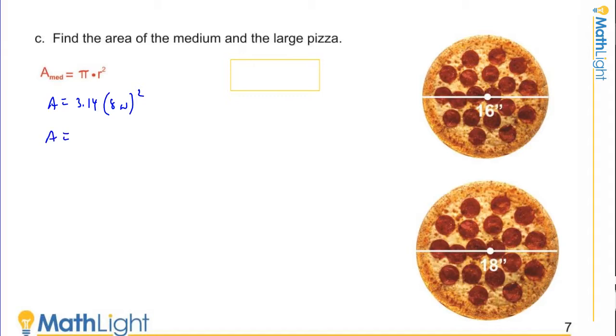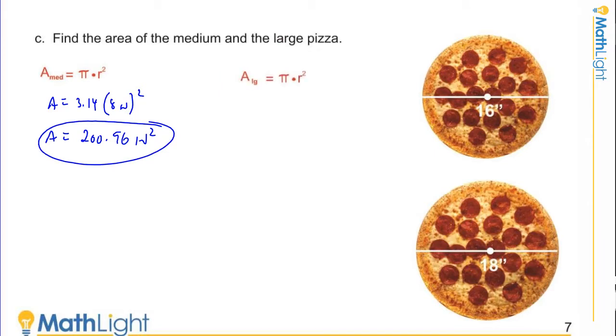Punch this in our calculator. So basically 64 times 3.14, and I got 200.96 square inches. So just about 201 square inches in my medium pizza. All right, let's run the large. Same situation, start with your formula.